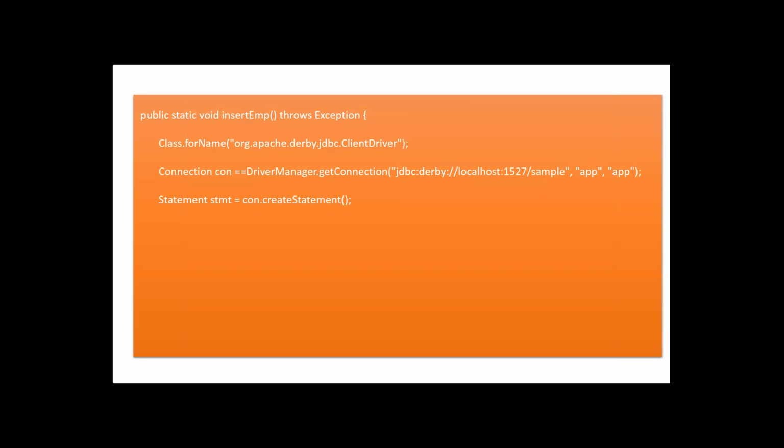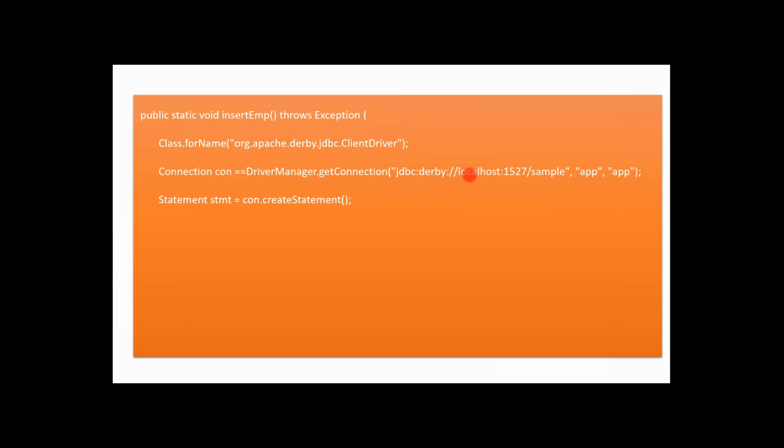Once the driver has been selected, next you need to establish the connection to the database. Over here, JDBC is the protocol, and Derby is the database product. Localhost is the name of the server on which the database is installed.